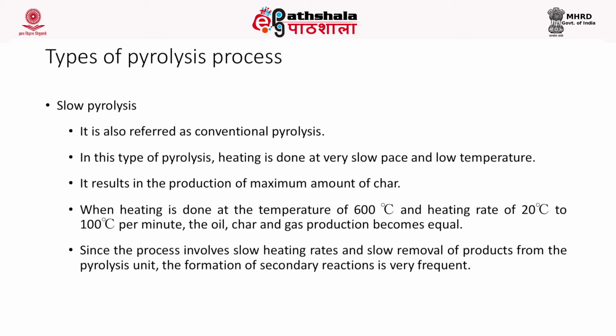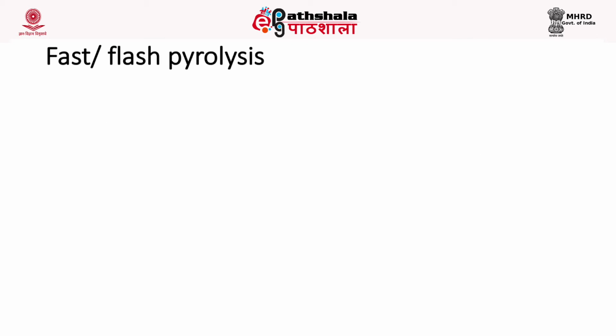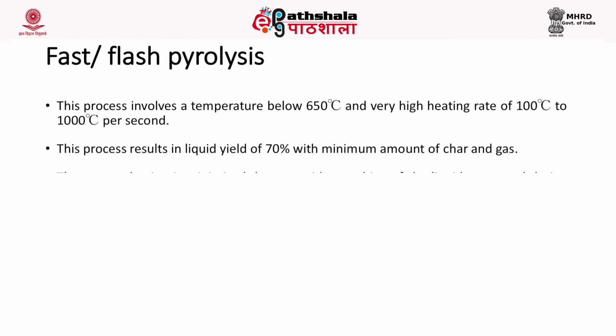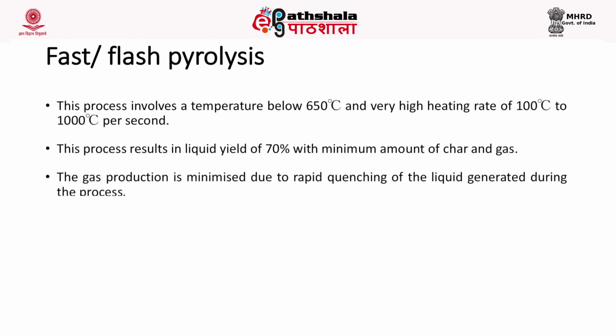Since the process involves slow heating rate and slow removal of products from the pyrolysis unit, the formation of secondary reactions is very frequent. Now, the fast or flash pyrolysis involves a temperature below 650 degrees Celsius and a very high heating rate of 100 degrees Celsius to 1000 degrees Celsius per second.